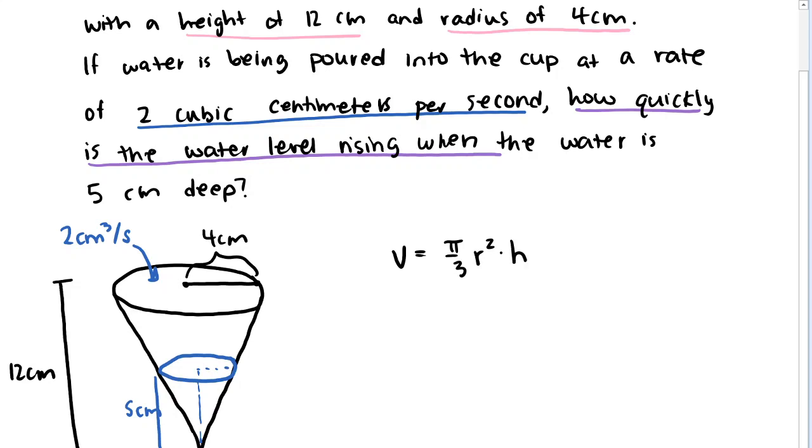If we think about this water in the cone, it's forming another cone at the bottom, and its dimensions and its volume are changing as time goes on. This volume, this radius, and this height are all functions of t. As time goes on and more water is getting poured in, all of these values change.